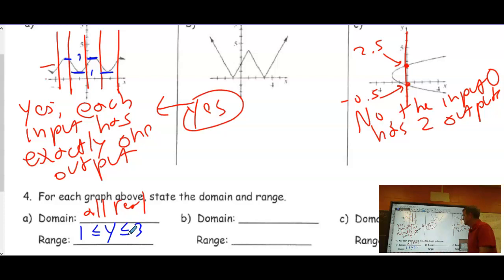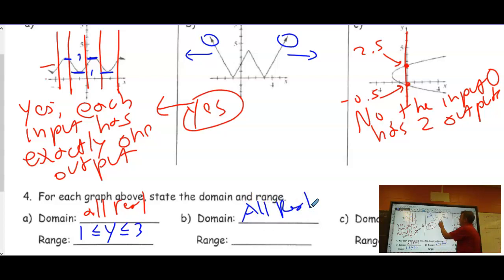Letter B, the domain. Well, again, this arrow keeps going this way forever. And this arrow means it keeps going to the left forever. So just like the first graph, this one stretches from left to right forever, meaning the domain is all real numbers.